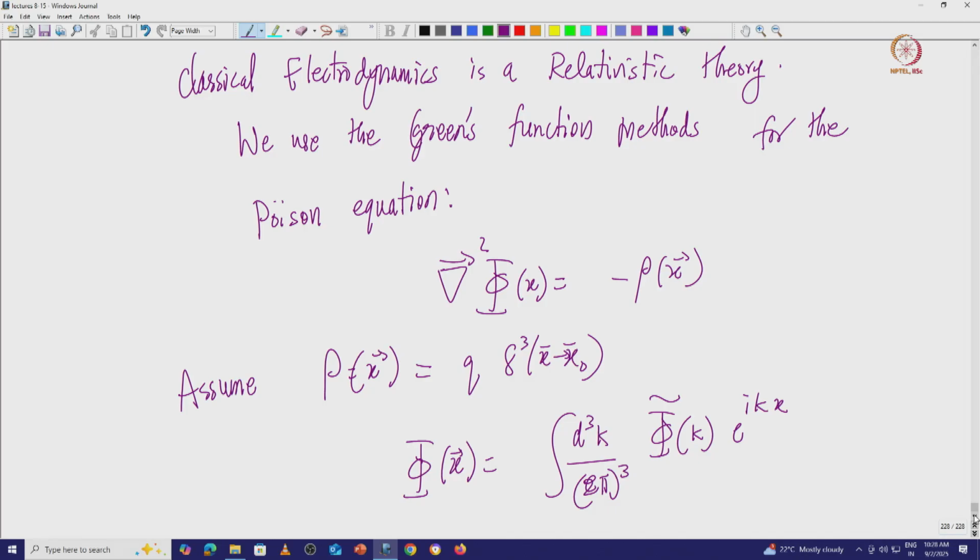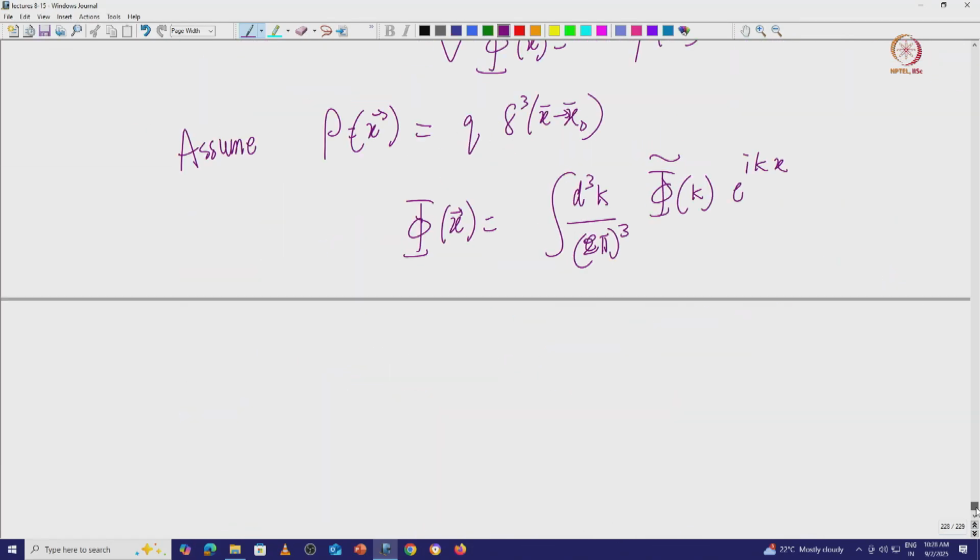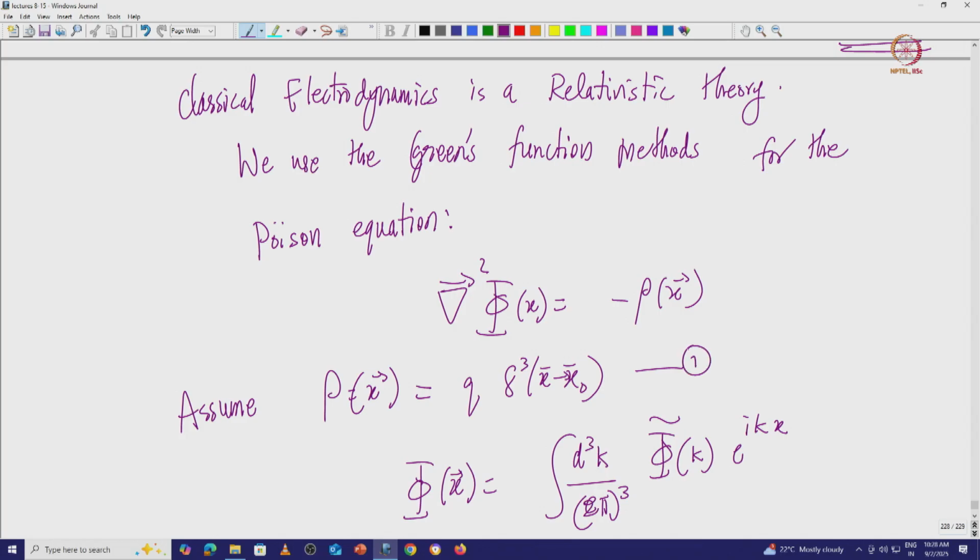Now the delta function rho of x can also be expressed, let me call these 1 and 2. Now we want to put both of them back into this essentially.